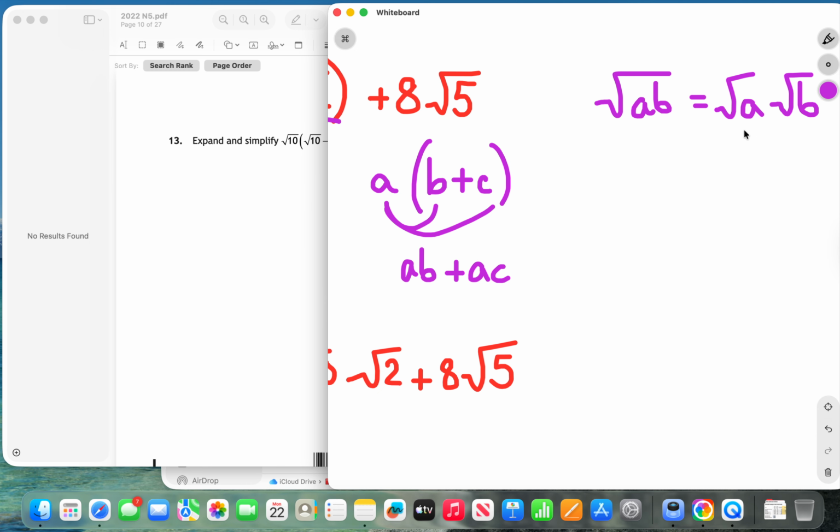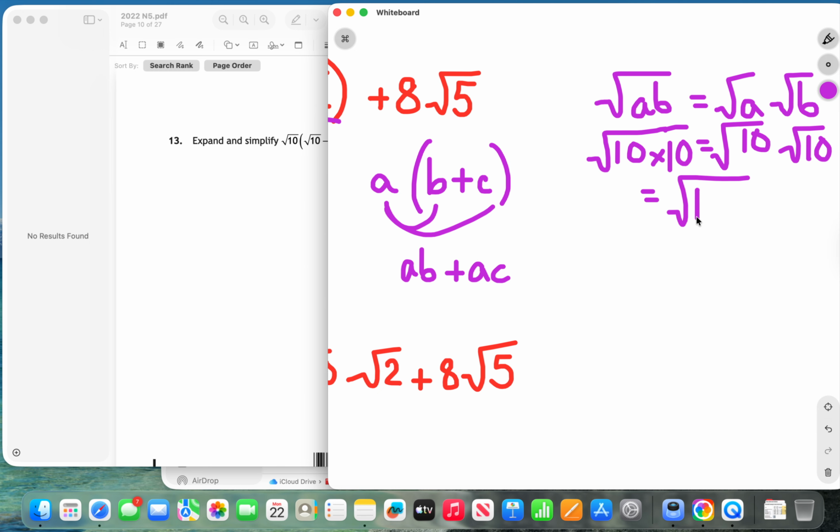So if you make A is 10 and B is 10, we get root 10 times 10, and that equals the square root of 100, which, funnily enough, is 10.